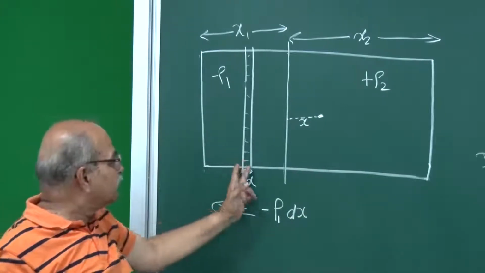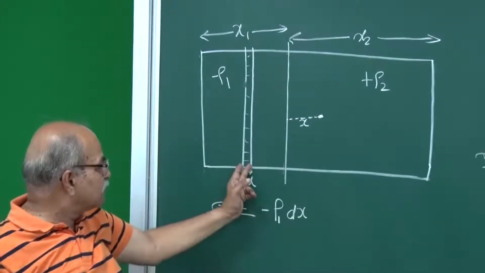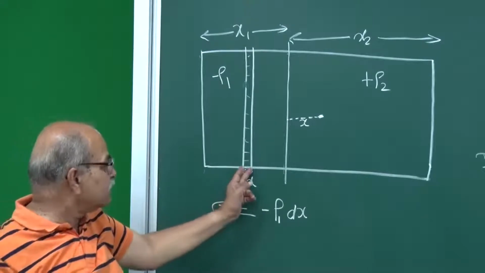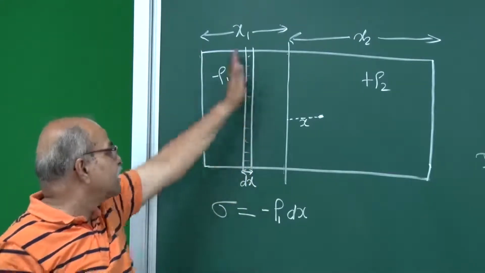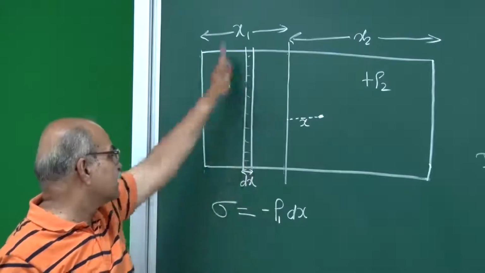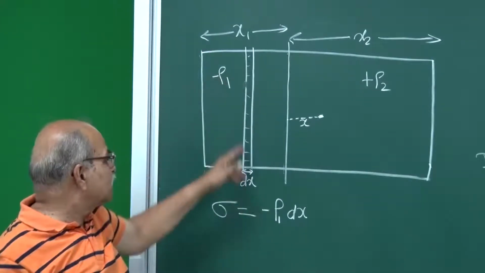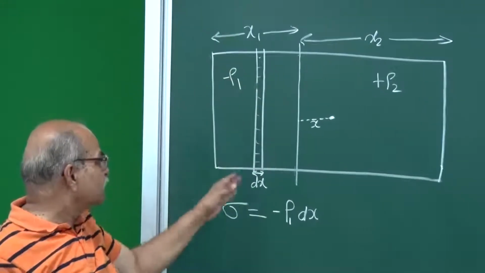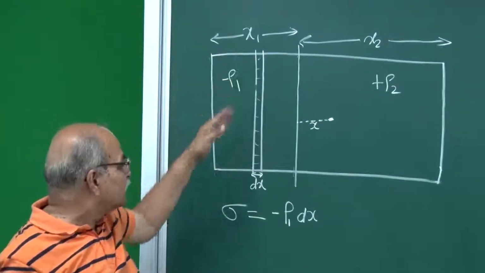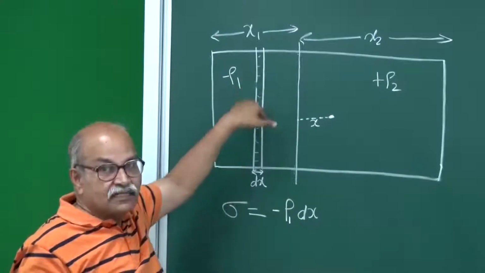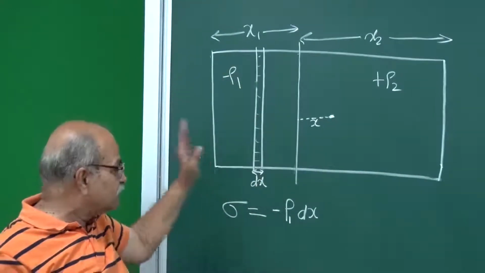Since this layer, I am taking dx, is thin, I can treat this whole charge as on a surface charge layer. The total charge will be minus rho 1 times dx times that area, and then I divide by the area to get charge per unit area, and that will be this much.